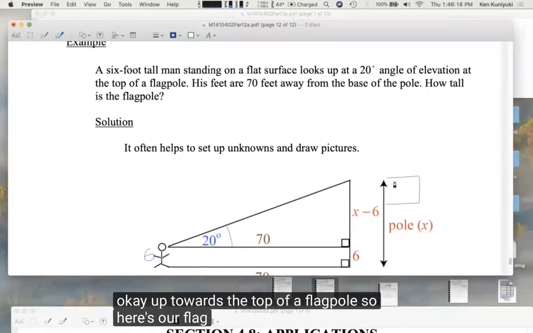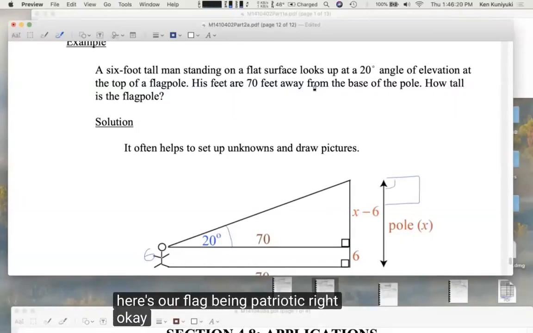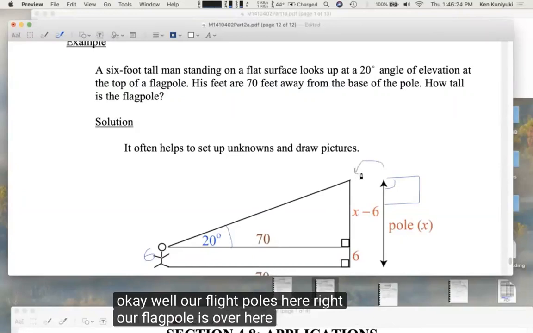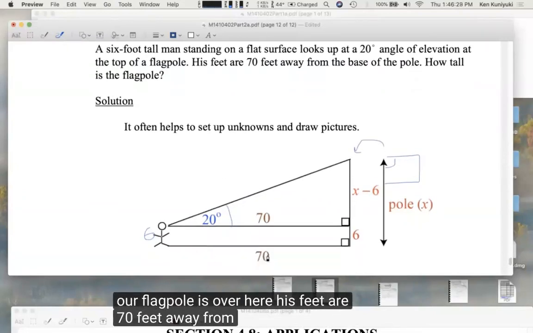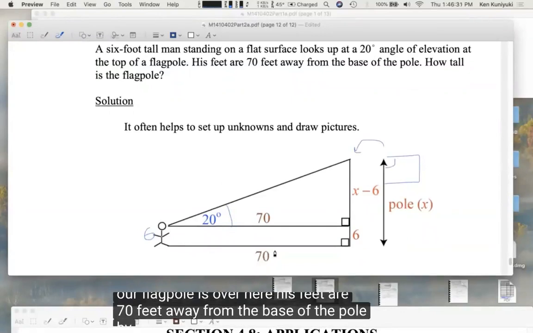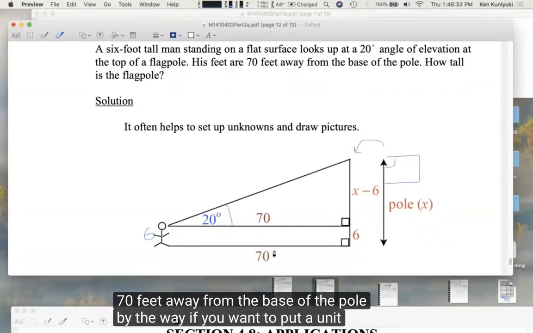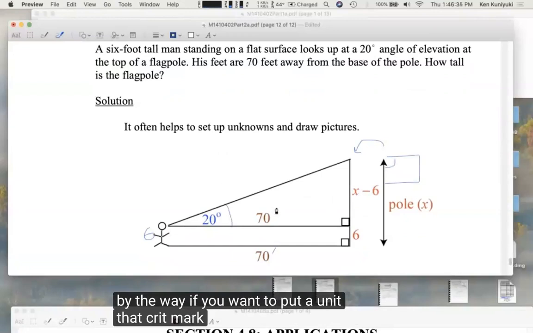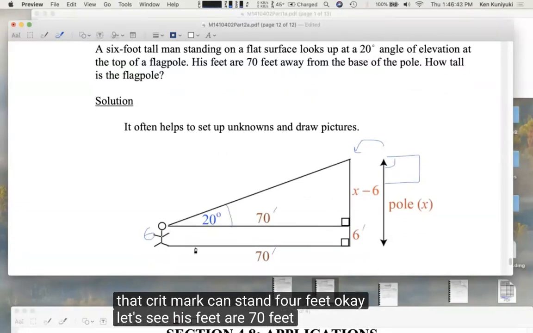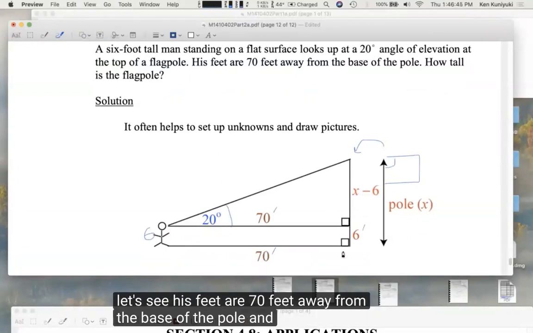So here's our flag, being patriotic, right? Well, our flagpole is here. Our flagpole is over here. His feet are 70 feet away from the base of the pole. By the way, if you want to put a unit, that tick mark can stand for feet. His feet are 70 feet away from the base of the pole.